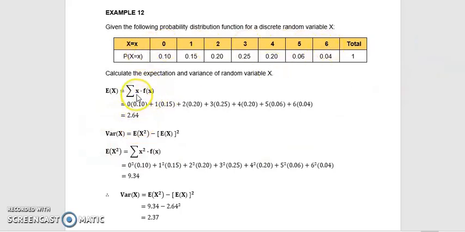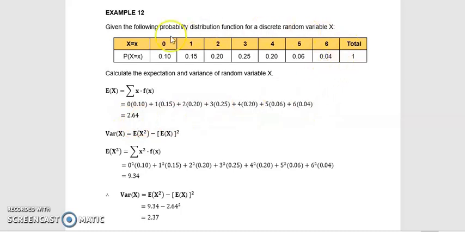When x equal to 0, the probability is 0.1, so 0 multiplied by 0.1. Plus, if x equal to 1, the probability is 0.15, so 1 multiplied by 0.15. Do the same thing until the last value of x. The last one, 6 multiplied by 0.04. If you total this up, you will get 2.64.